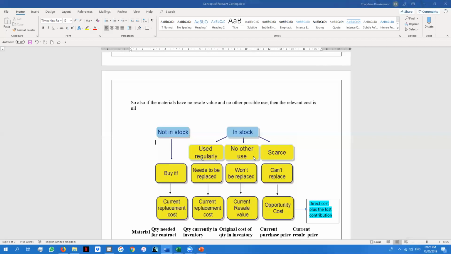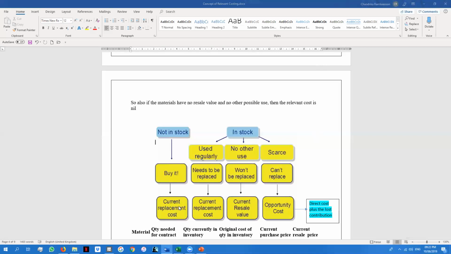You just need to know, if one or the other applies, what am I going to do? As long as in that question you see the material required is not in stock, it's easy. Because if it's not in stock, the only way you're going to get it is to buy it, and therefore the only relevant cost to be charged to the job could be the purchase cost of the material, which here we see as the current replacement cost.